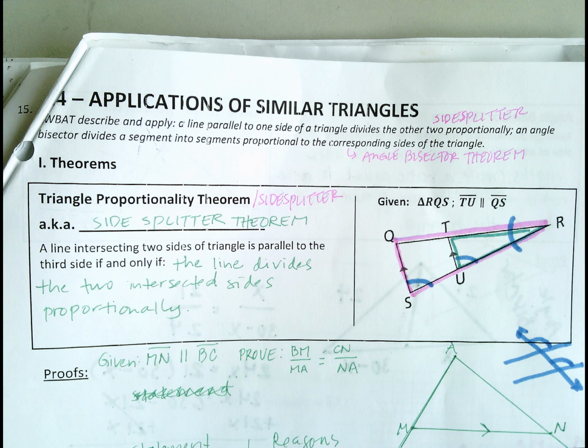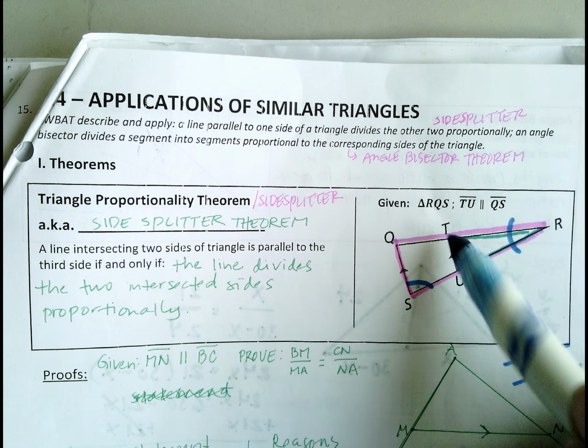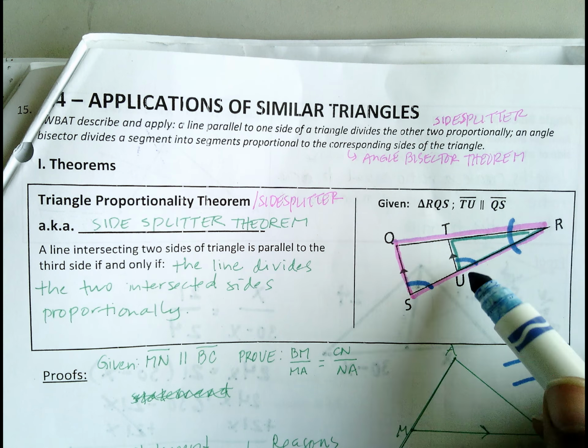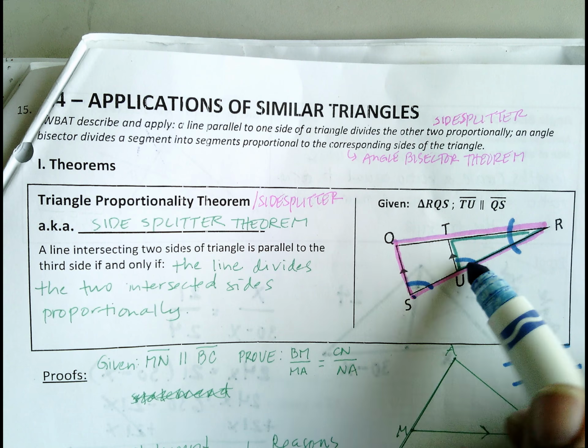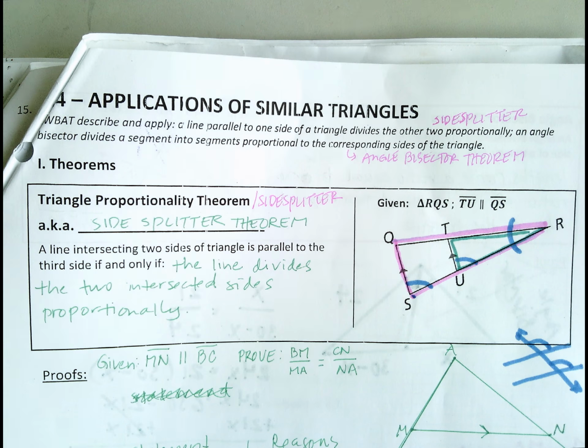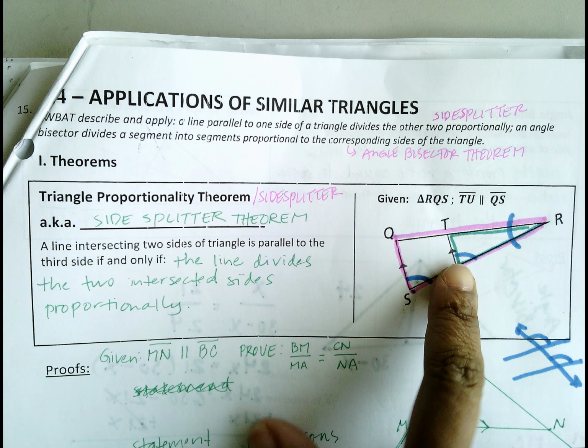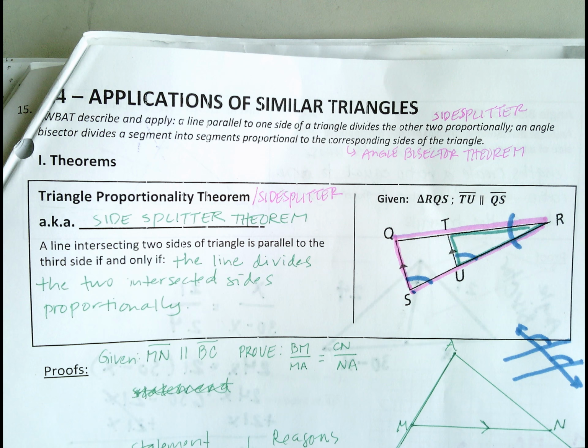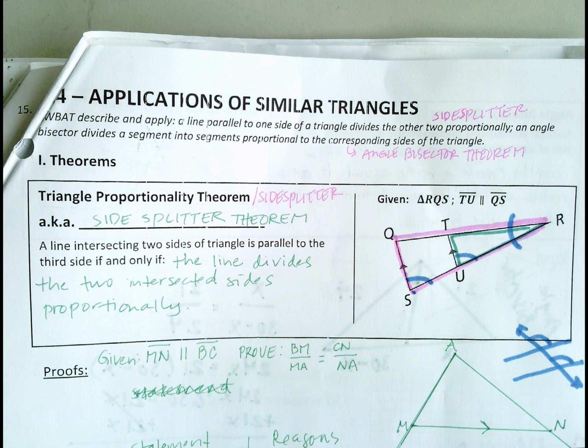So if this is your transversal and these are your two parallel lines, then we have corresponding angles here. What that means is just by the fact that we have these two triangles embedded and we have this set of parallel lines makes triangle URT and SRQ similar by the angle similarity criteria.